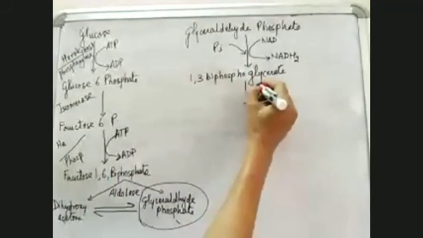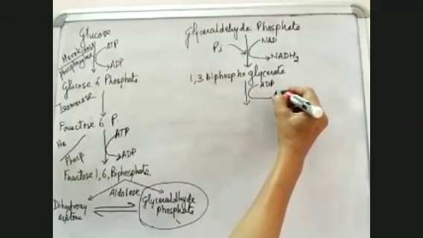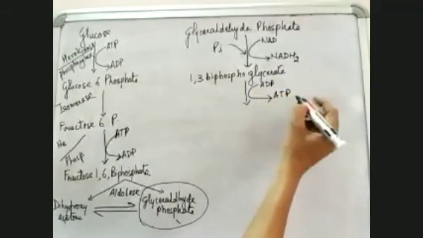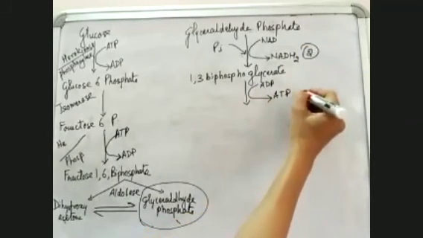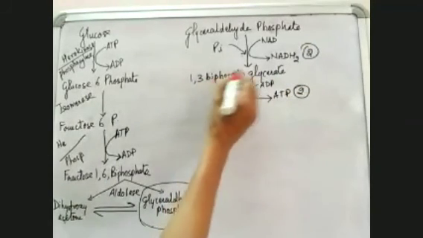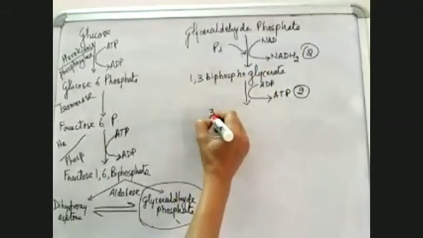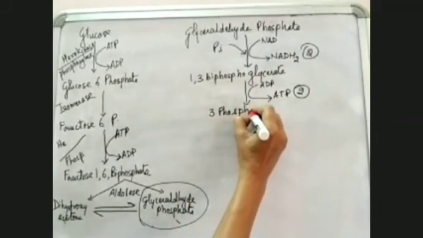In the next step, ATP is formed. From ADP, ATP is synthesized. So see here, 2 molecules of NADH are synthesized, here 2 of ATP are synthesized, and from 1,3-biphosphoglycerate we get 3-phosphoglycerate, or glyceric acid.